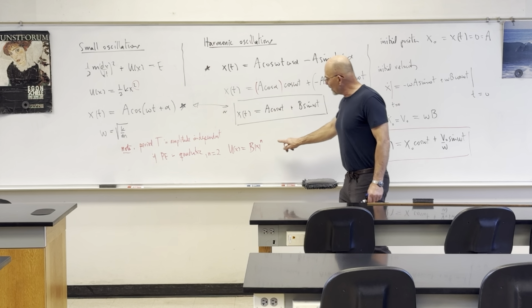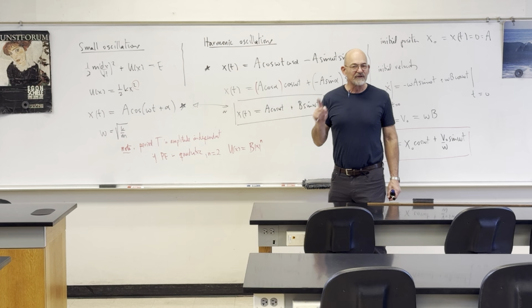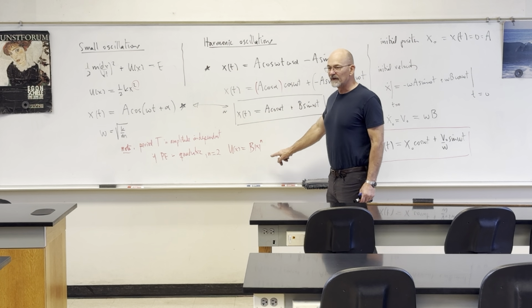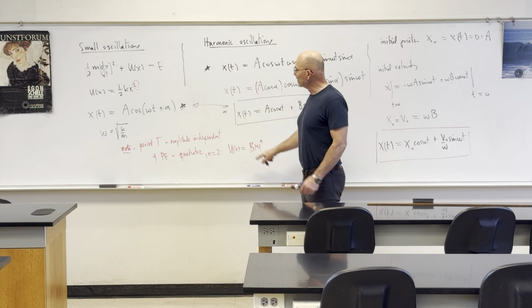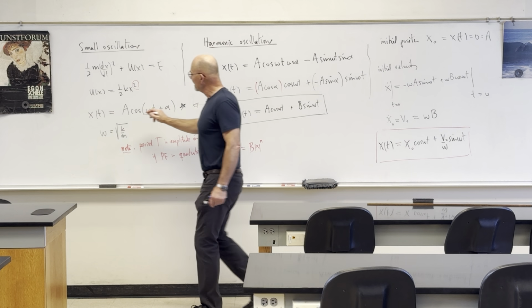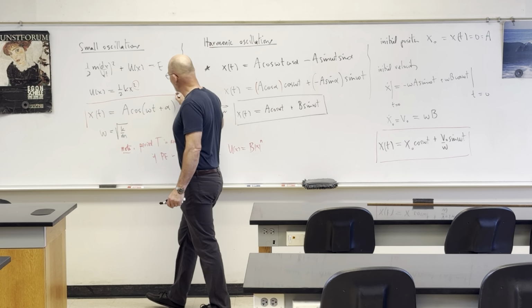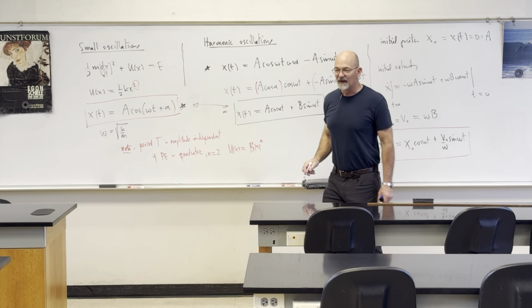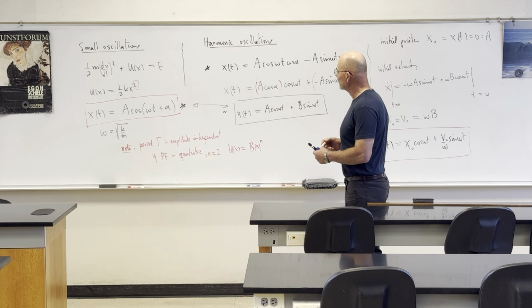For the other ones, n equals whatever, the energy was still conserved. Just want to bring that into play. The energy was always conserved, but only this one had the amplitude independence. So only this one gives you these trig functions. Everything else is much more difficult to solve, to work with.